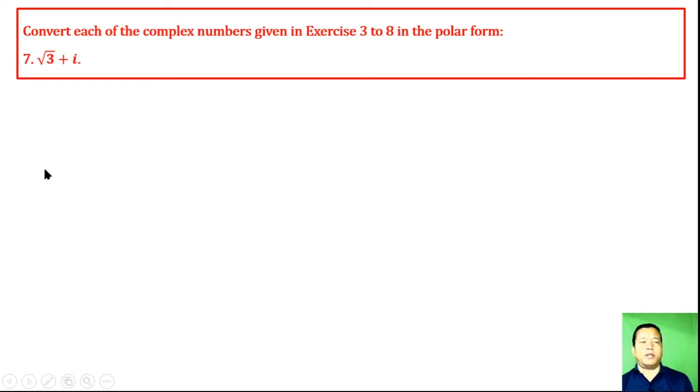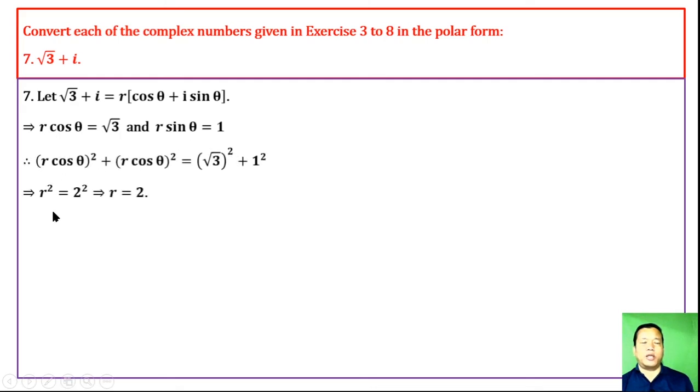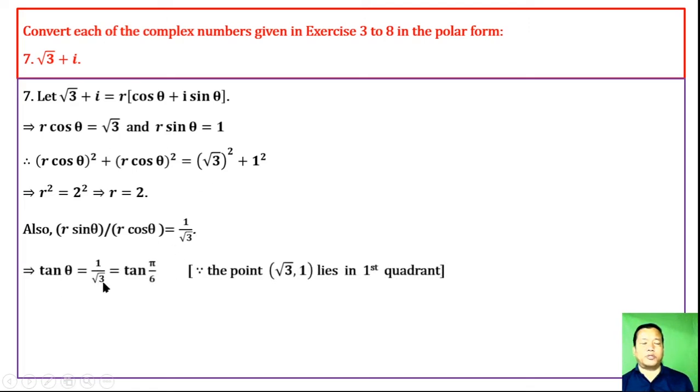For number 7. Let root 3 plus i equal to r times of cos theta plus i sin theta. Equating real and imaginary parts, we get r cos theta equal to root 3 and r sin theta equal to 1. Squaring and adding, we get r square equal to 2 square. That gives r equal to 2. Dividing r sin theta by r cos theta equal to 1 by root 3, we get tan theta equal to 1 by root 3.